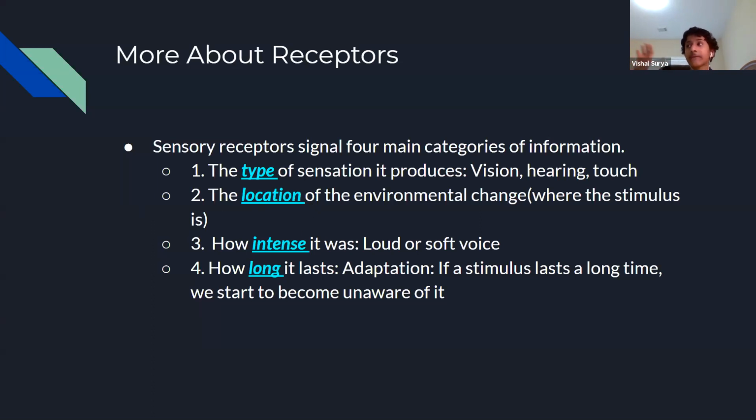So the main thing from this slide is to know the 4 things. You don't have to know specific examples, but just know that sensory receptors signal the type of sensation, the location of the sensation you're experiencing, how intense it was, and how long it actually lasted.